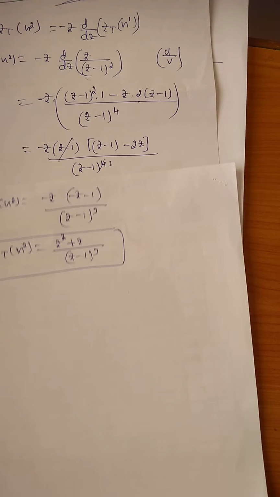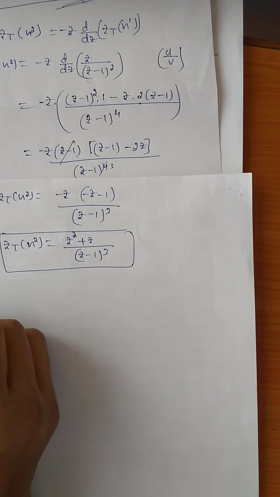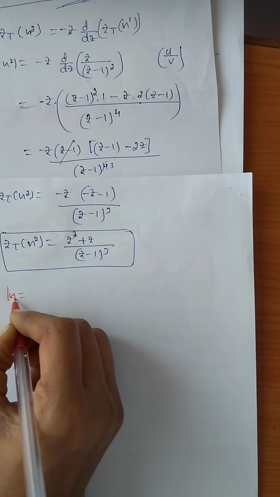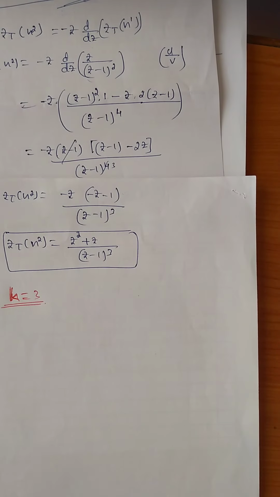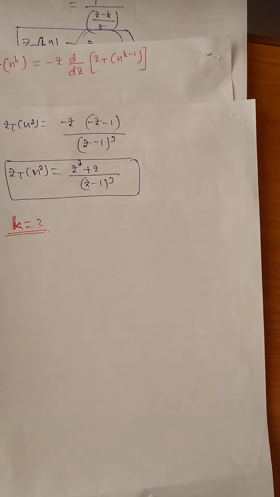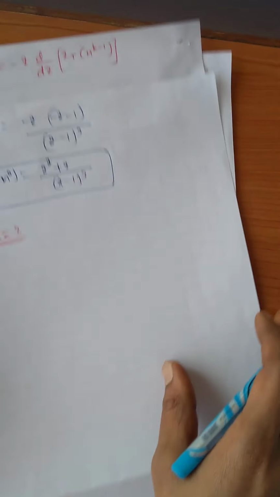Okay, so similarly we can find the z transform of n cube. In the problem we are going to use up to the z transform of n cube. For finding the z transform of n cube, I am going to substitute the k value as 3 in the property.